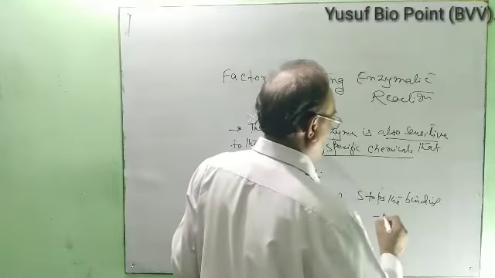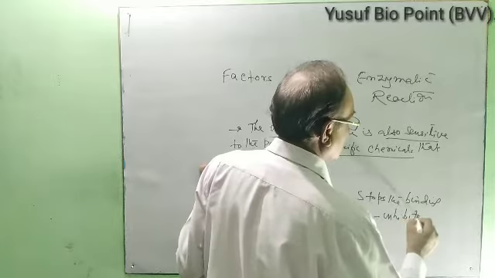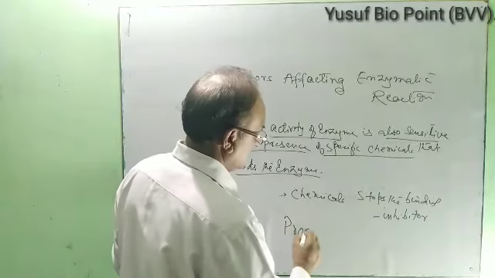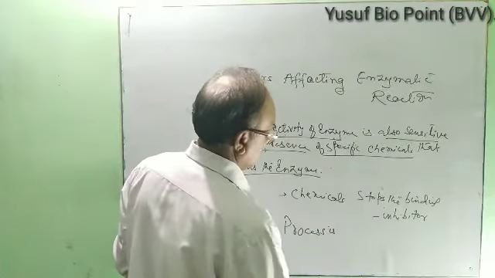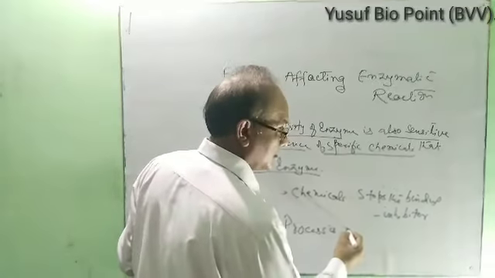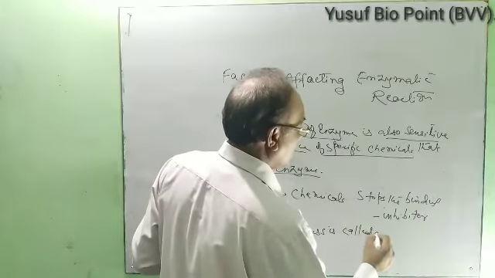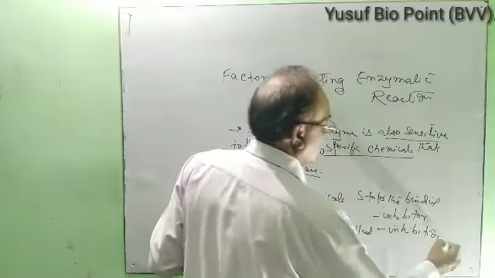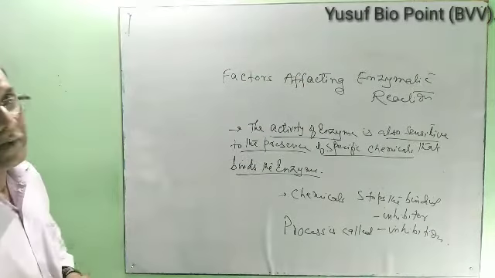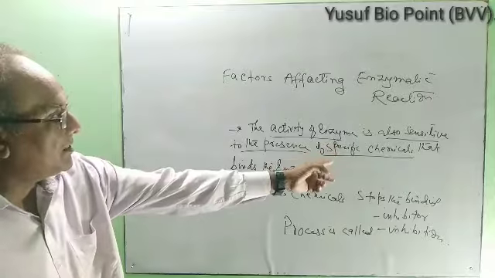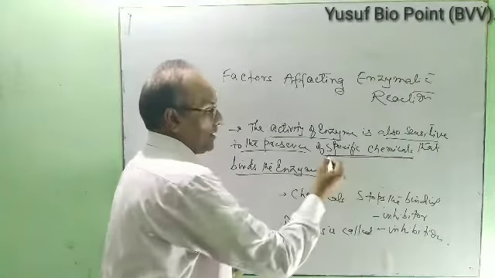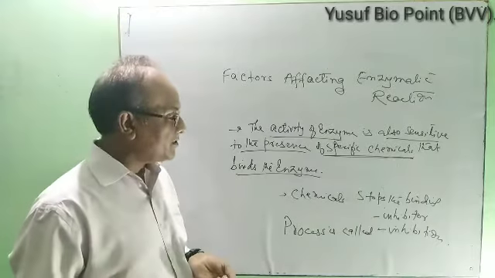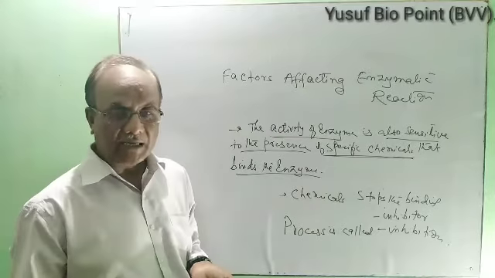Those chemicals are called inhibitors, and the process is called inhibition. So the activity of enzymes depends on the specific chemicals which are present, which bind the enzyme, and some chemicals stop these binding, these enzymatic activities.